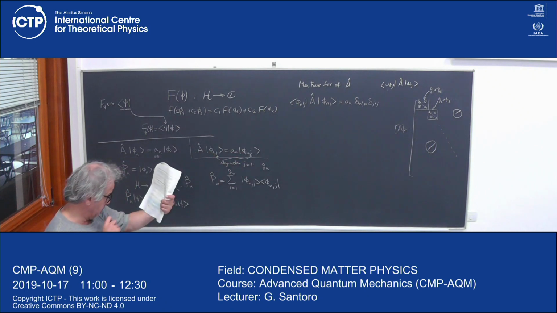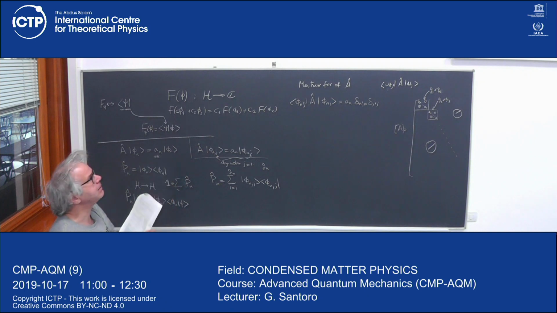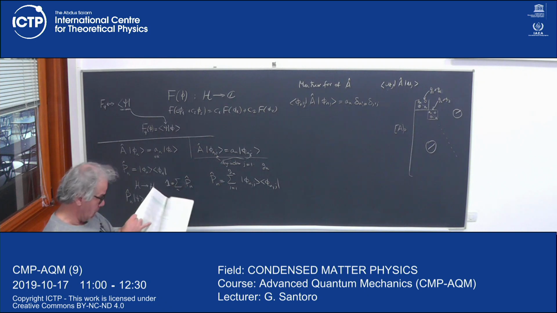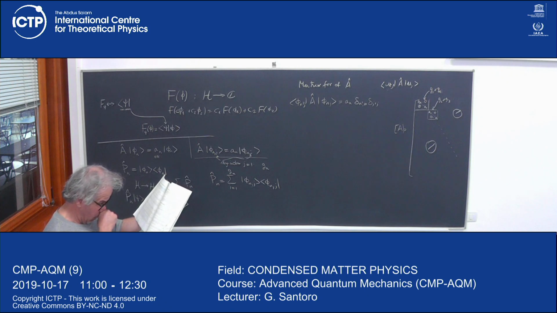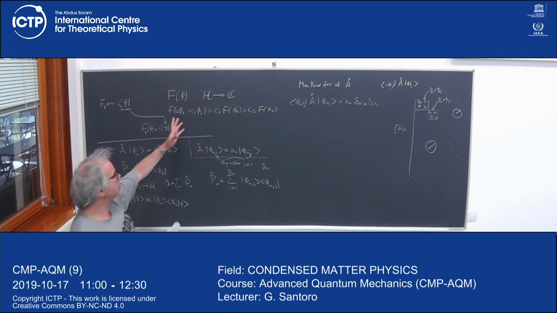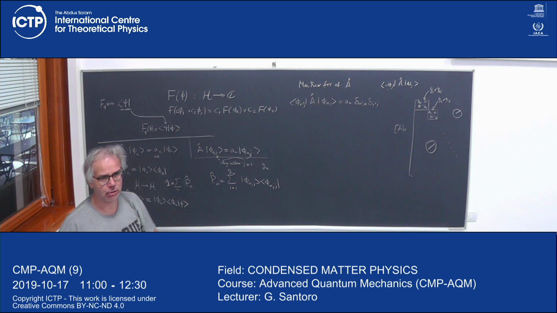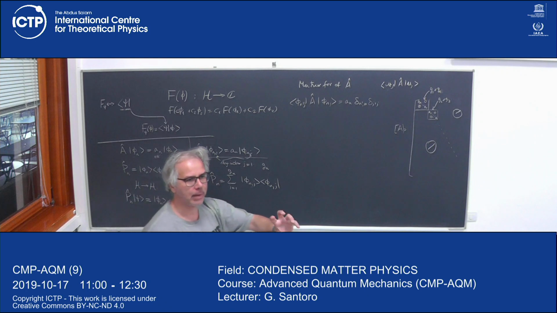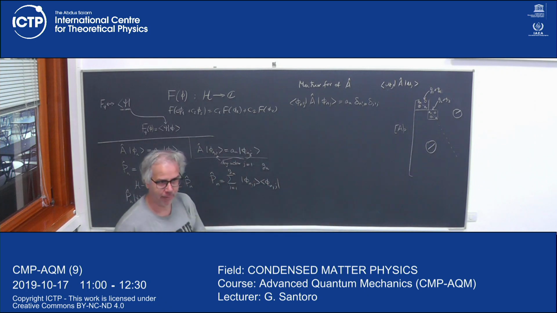Now let us discuss what happens if I have a Hermitian operator A and another Hermitian operator B, and I want to search for a basis that is good for both.